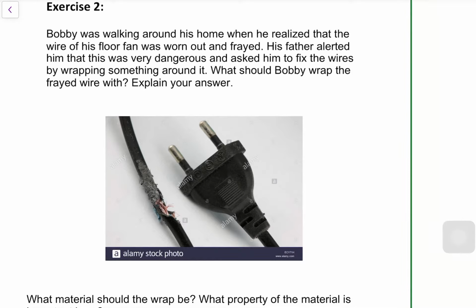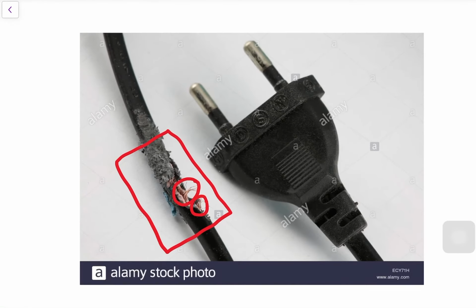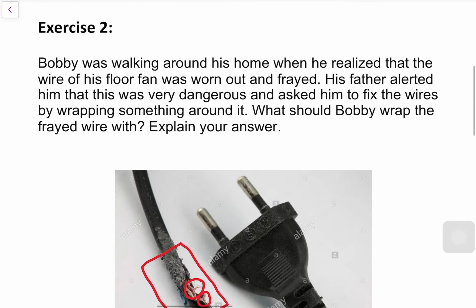What should Bobby wrap the frayed wire with? Explain your answer. So this is an example of damaged and frayed wire. As you can see here, the copper wire portion is exposed. So if you make contact with this portion of the wire, electricity will actually flow through your body and you would be severely injured.